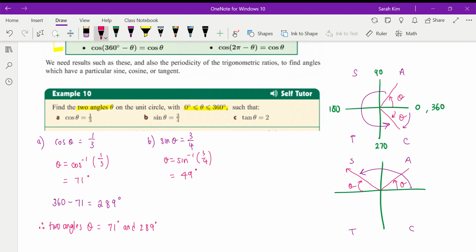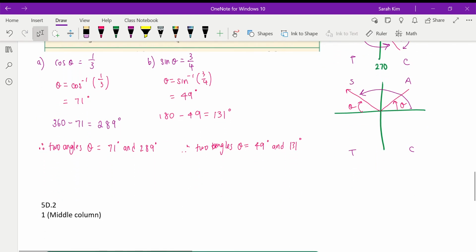And as I said, looking at the unit circle, this is 49 degrees, so 180 degrees take 49 degrees will give me my second option, 131 degrees. Therefore, the two angles theta are 49 degrees and 131 degrees.